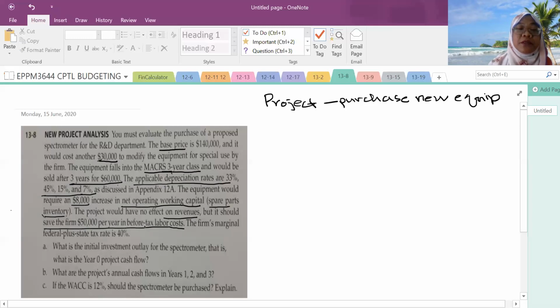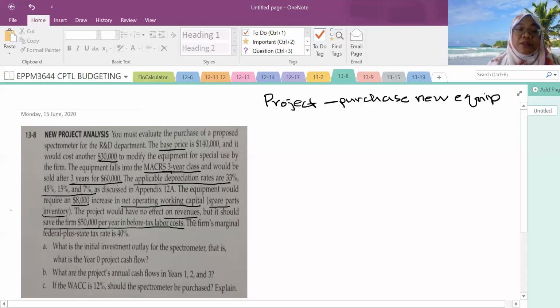Okay, by the way, it is very important for us to note that in capital budgeting or in finance, revenue and saving are treated equally. Any saving maksudnya you tak perlu keluarkan bayaran tersebut kan. You tak perlu buat bayaran. So bila you menjimatkan sesuatu, you treat penjimatan tu saving, just like your revenue.